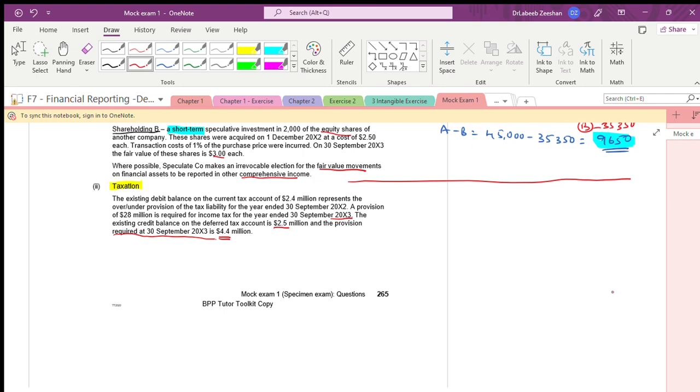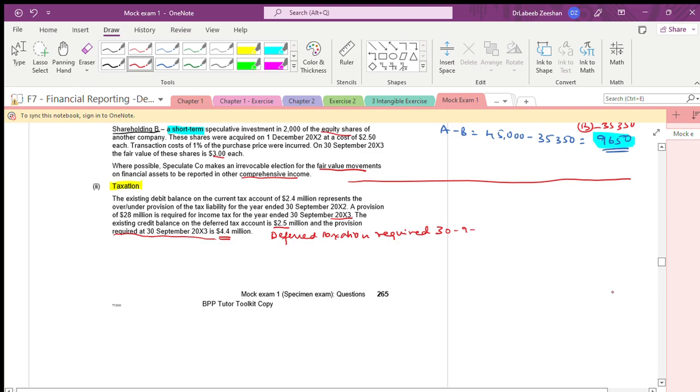Now, what do we have to do? We have to defer tax. Deferred taxation required as on 30th September 2003 is 4.4 million.